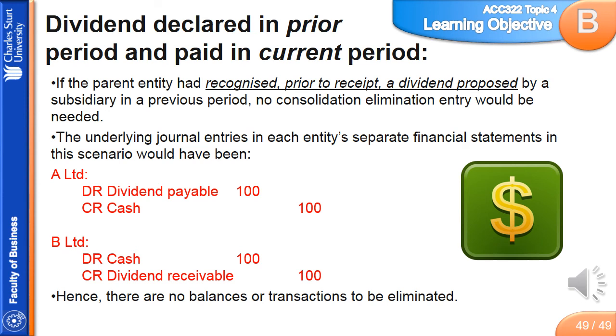So cash would have changed hands, that's fine, and then they're just clearing the payable and receivable accounts to zero, so that's no longer apparent. Therefore there's no balances or transactions that really need to be eliminated on consolidation.